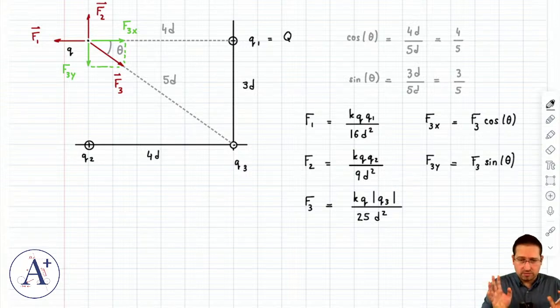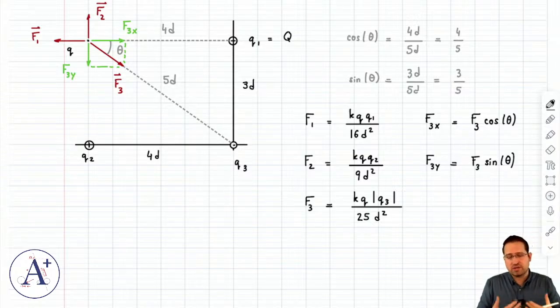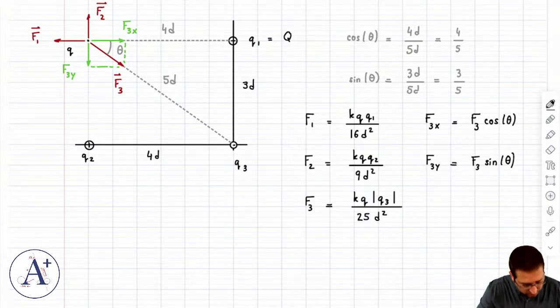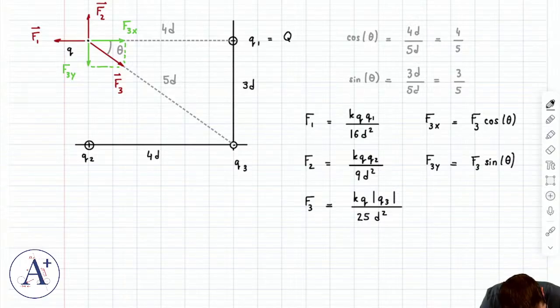But again, that's magnitude. You could go two ways about it. You could say, shouldn't F3y be negative because it points down? Yes, you're right. But if I just want magnitude, I'm going to write it like this. I do have to account for direction though. I typically do that when I write the net force. So what has to be true at point P is that F net x is 0 and F net y is 0.